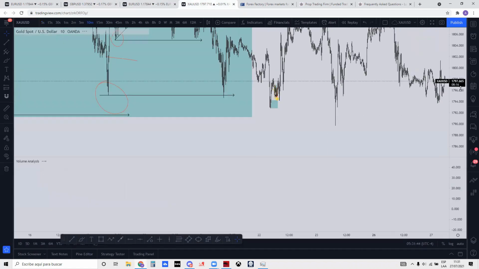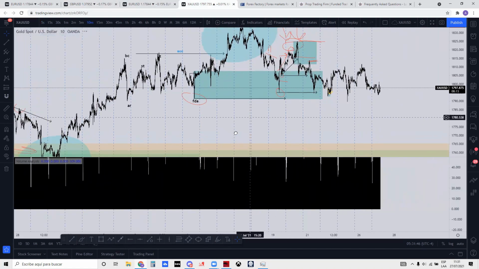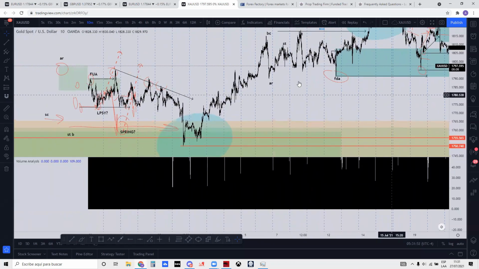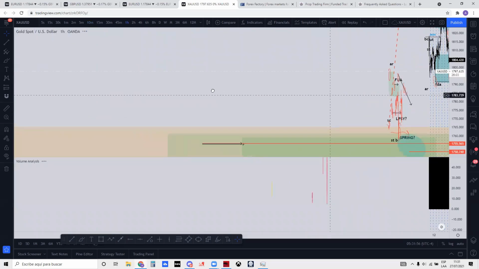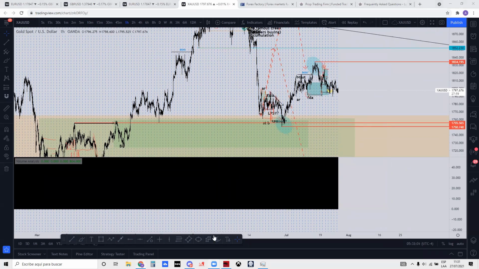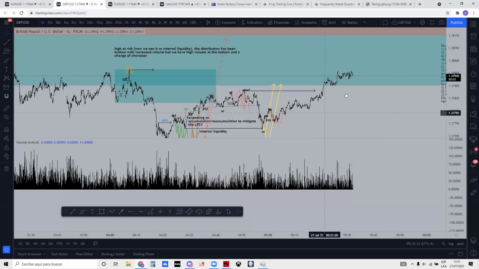Let's see what's going on with gold here. Okay, so your trade on the 15-second chart in GU, let's see.